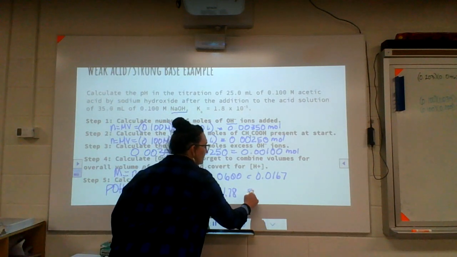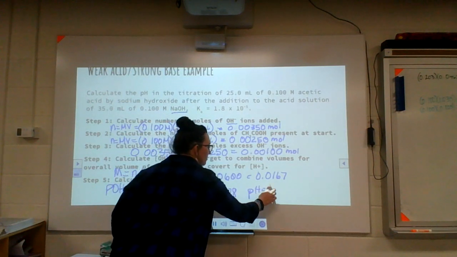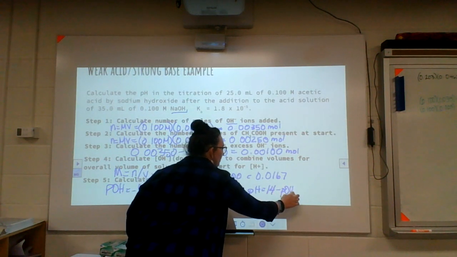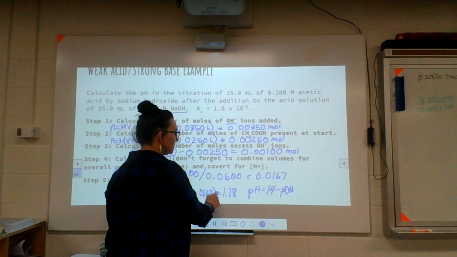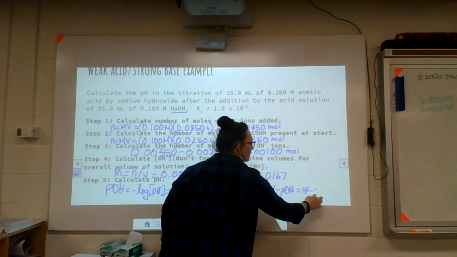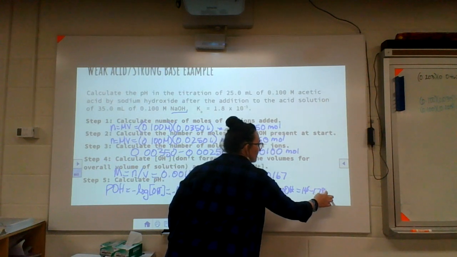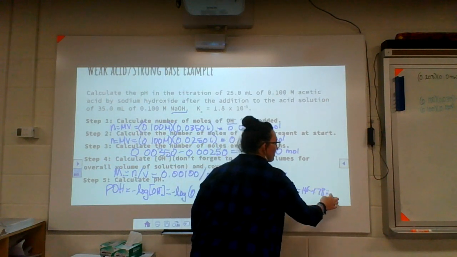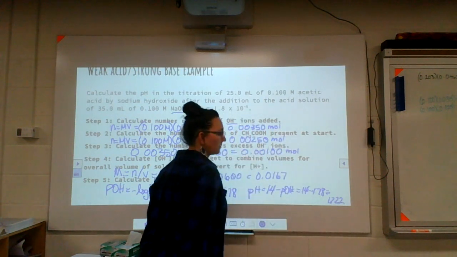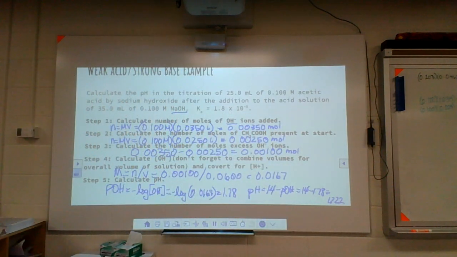And then my pH is equal to 14 minus my pOH. So 14 minus 1.78 comes out to 12.22. So now I have the pH of this solution.